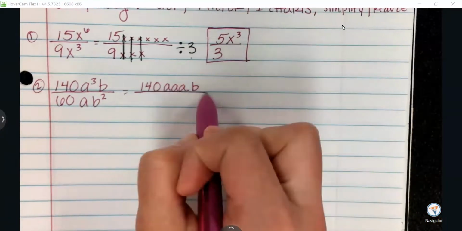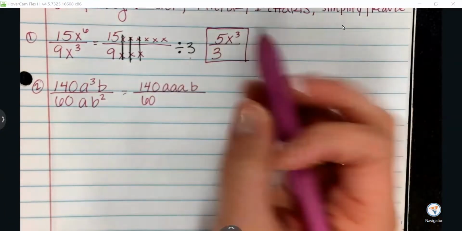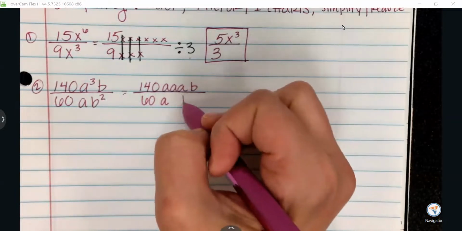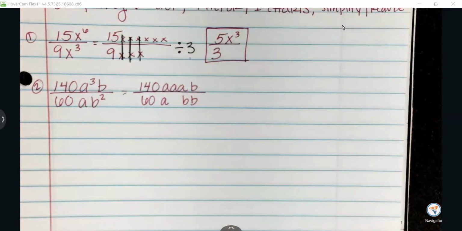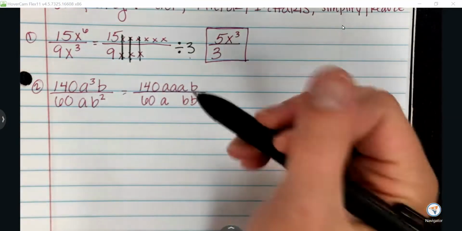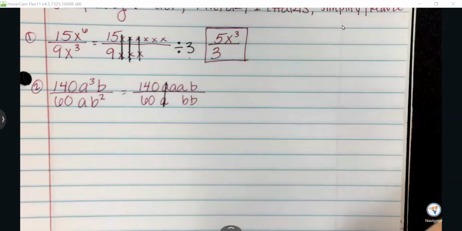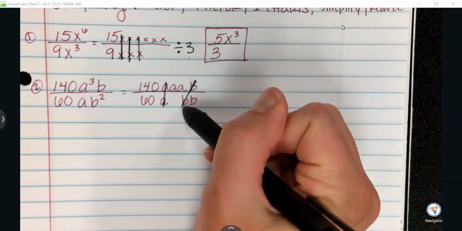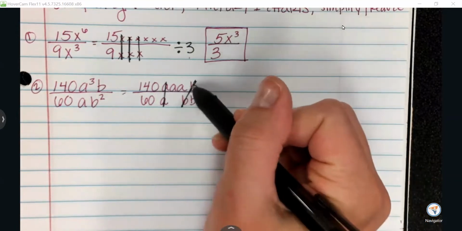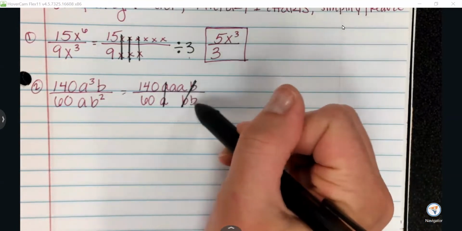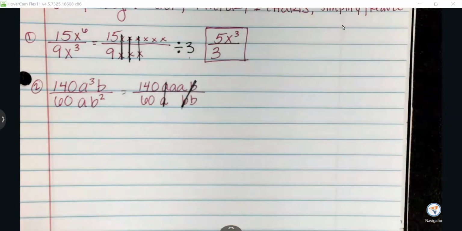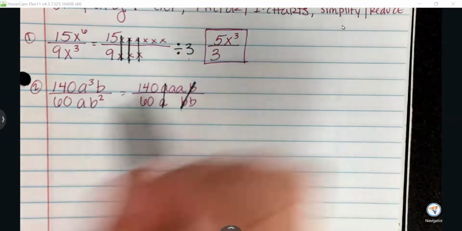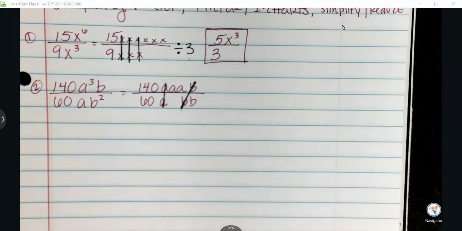And in my denominator, I have 60 with 1 a and 2 b's. So let's cancel out letters first. What can I cancel out? I can cancel out 1a. What else can I cancel? 1b. Freeze and look. You can only cancel if they're the exact same. I can't cancel all 3 of these. It can only cancel with 1, okay? 140 and 60, what can I divide them both by?